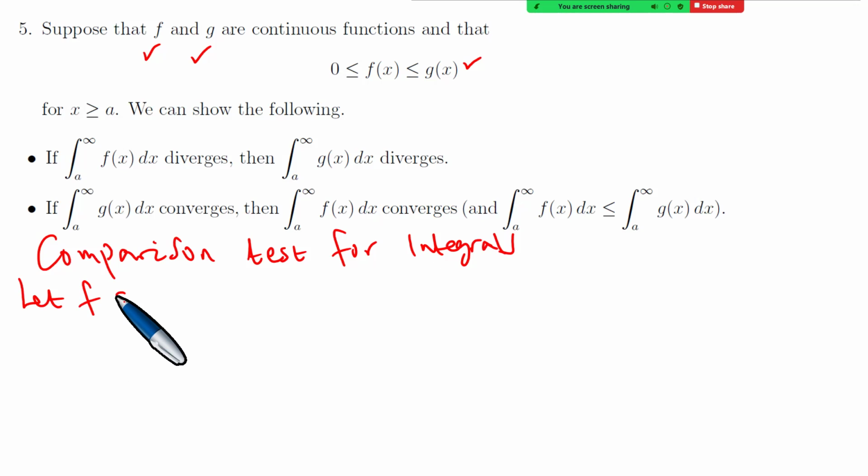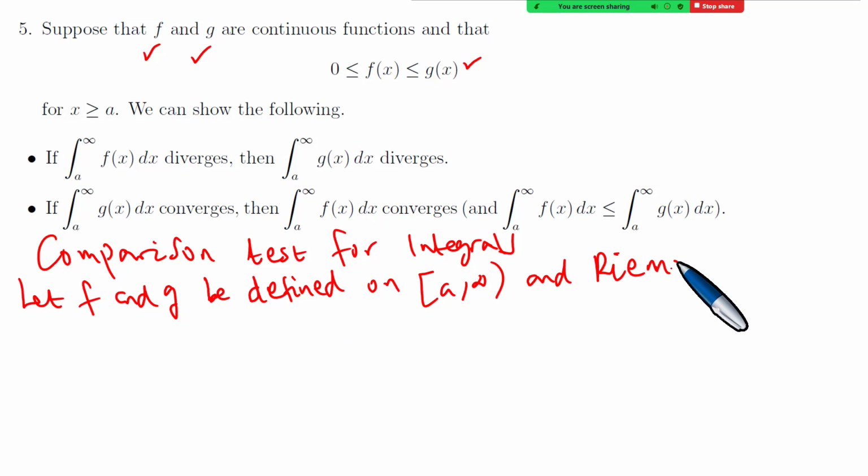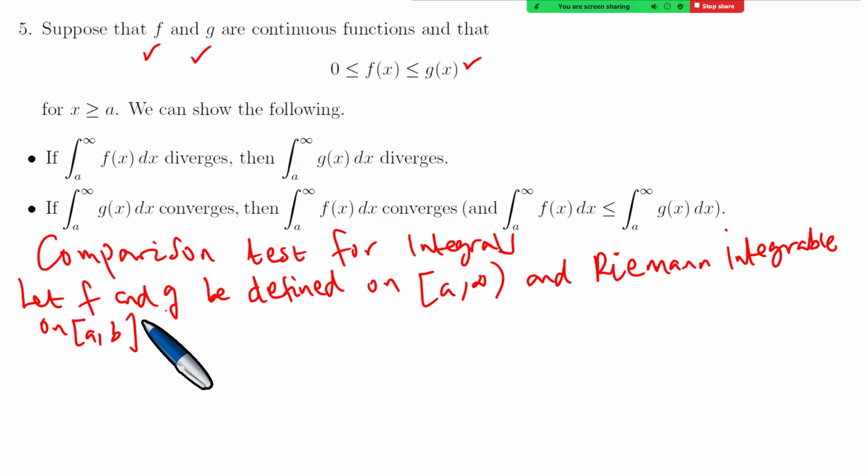Let f and g be defined on a to infinity, and Riemann integrable on a to b for every b bigger than a.